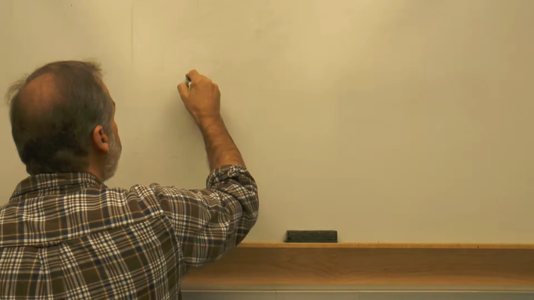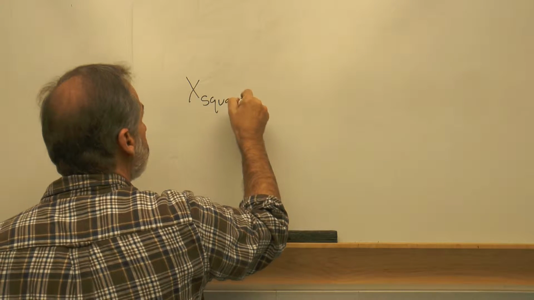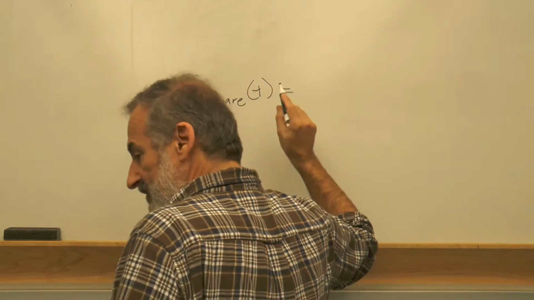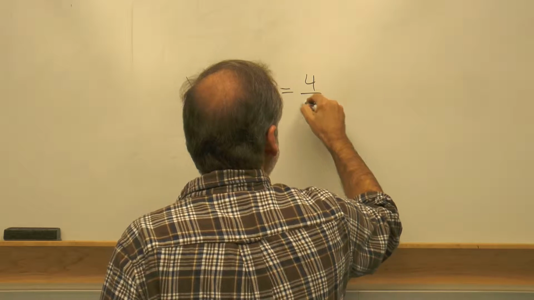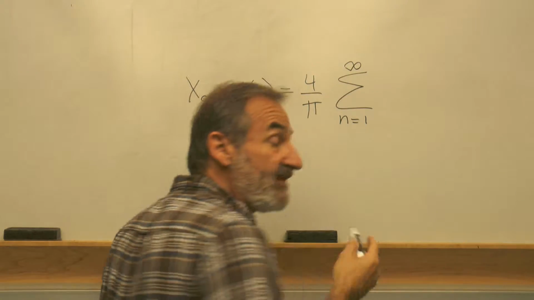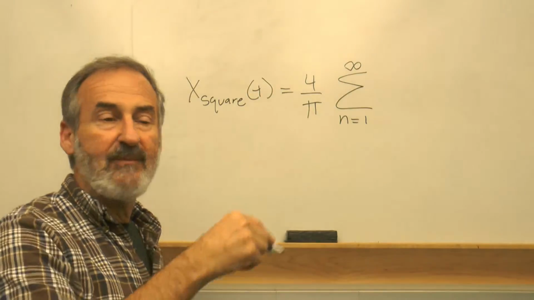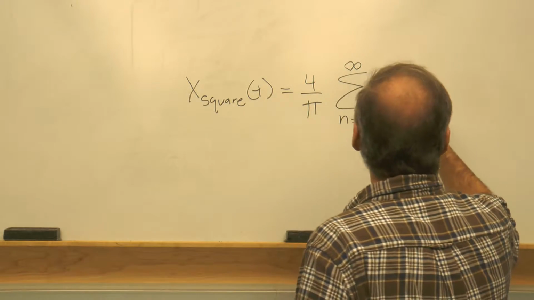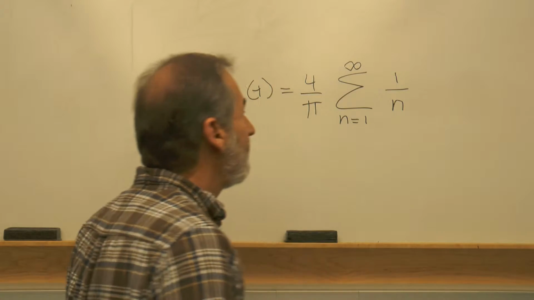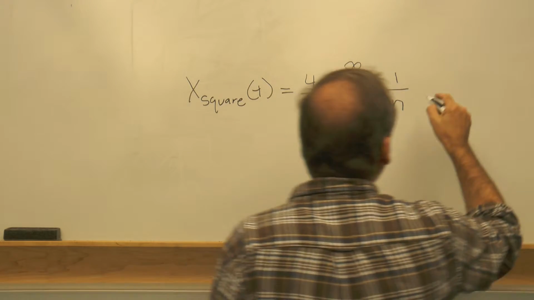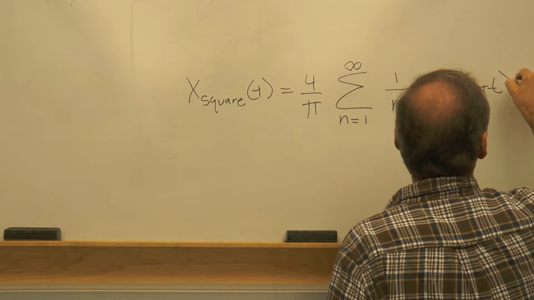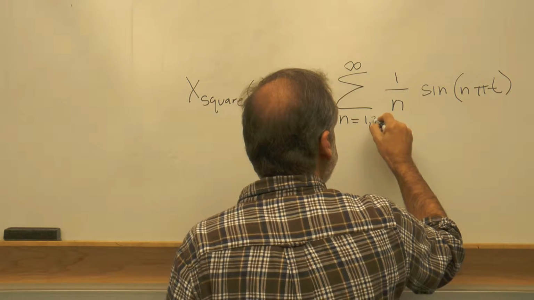If we look at a square wave as a function of time, that's equal to some constant times the sum, and in this case it's going to be an infinite sum because that's the only way we're going to get the really sharp edges on our square wave, of weighted sine waves, weighted by 1 over the number, and we don't need every one, we just need the odd ones.